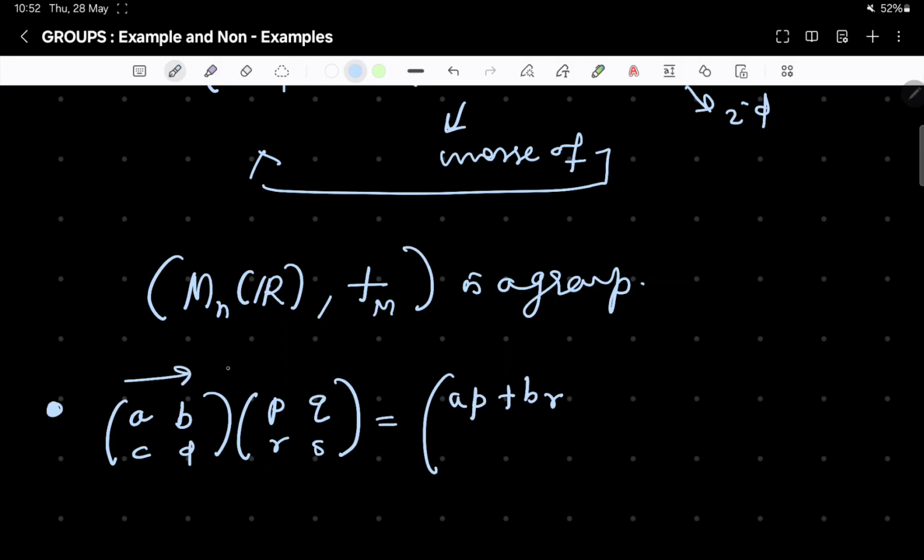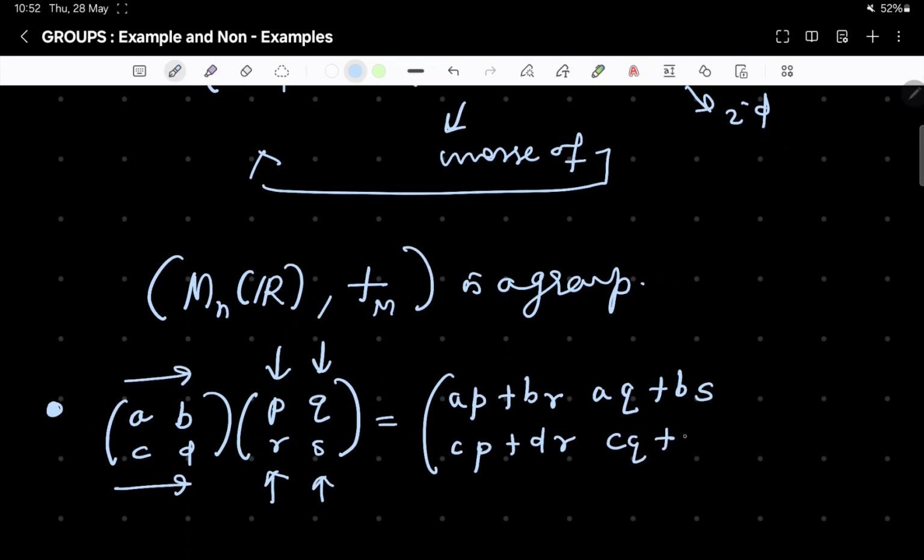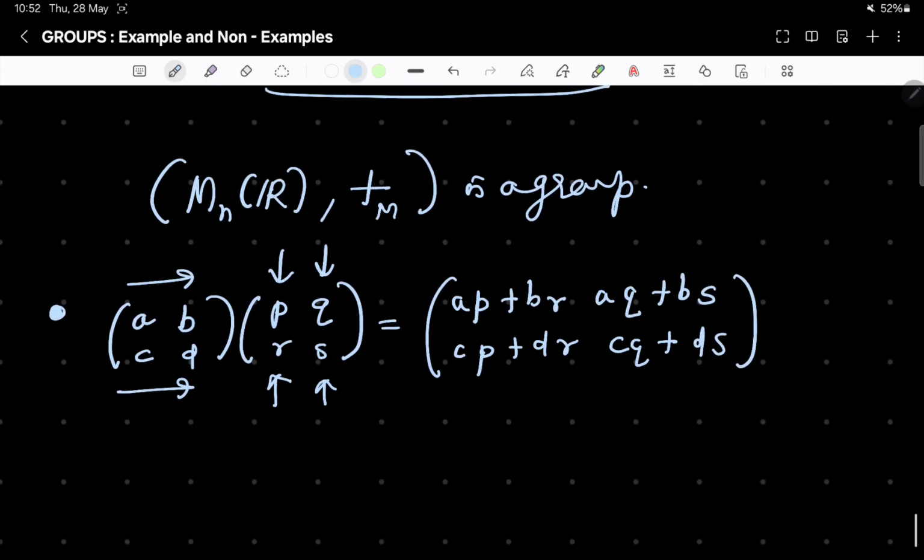So you go with this row with this column, and you finish it, then you move to the next column. So that is AQ plus BS. Then you move to the second row, go for this column again, it is CP plus DR. Then you move to another column, it is CQ plus DS.